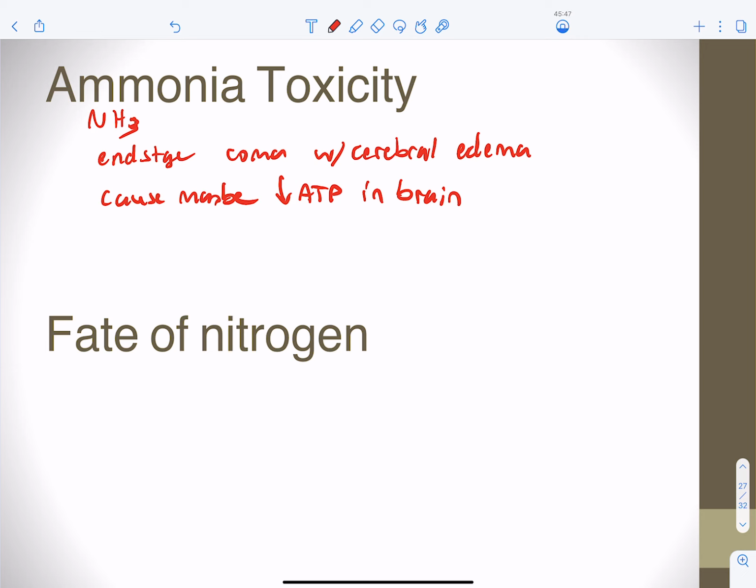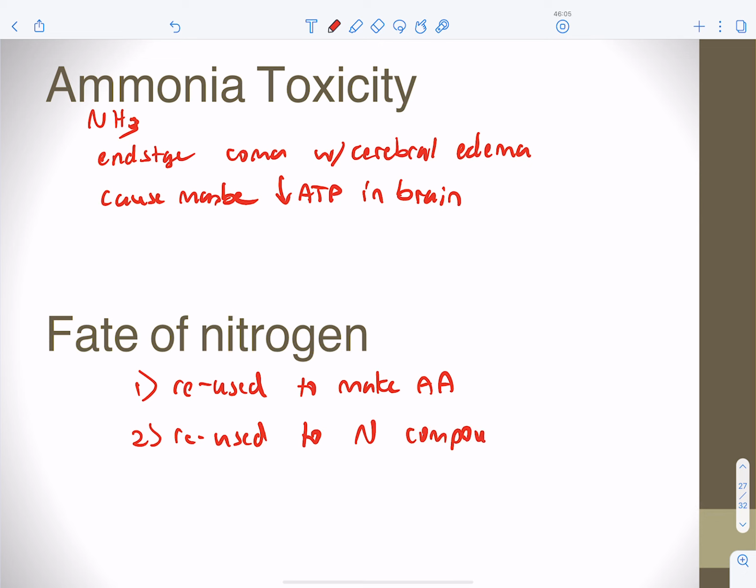Now, the fate of nitrogen is it's going to be, one, reused to make amino acids. It's going to be reused to make nitrogen-containing compounds, or excreted. And excess must be excreted.